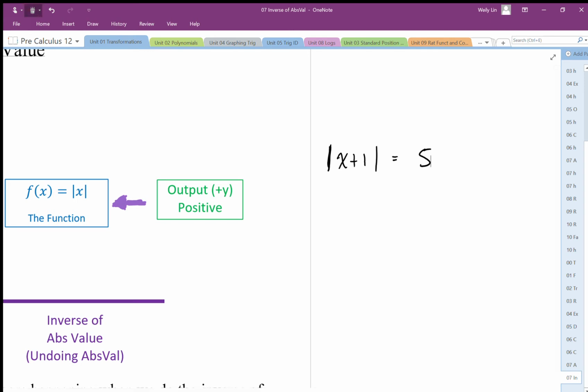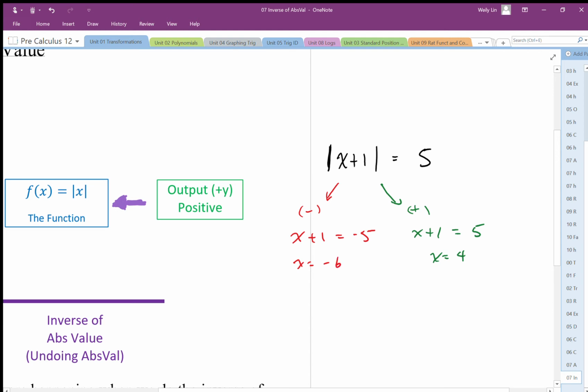So we have our negative possibility, x + 1 = -5, and then the positive possibility, x + 1 = 5. So this solution would be x = 4, and this solution here would be x = -6.